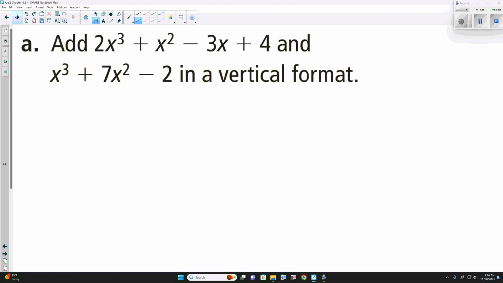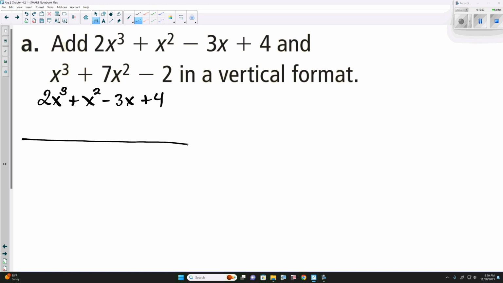Addition, subtraction, addition. Now, whenever we add or subtract, it really doesn't matter if we do it horizontally or vertically. You just need to pick one and do it that way. Do we want to add these horizontally or vertically? Vertically. So I'd pick the first one first. 2x cubed plus x squared minus 3x plus 4.